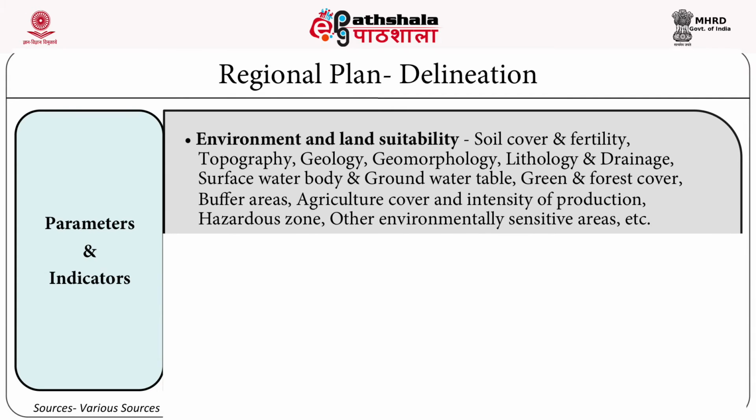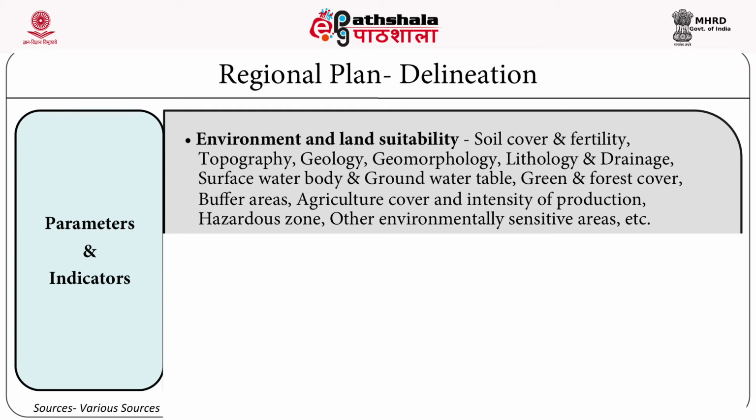So as far as the environmental suitability is concerned, we require these parameters, and based on this we develop a GIS-based plan, so we can identify and get the base information before we plan for any region.